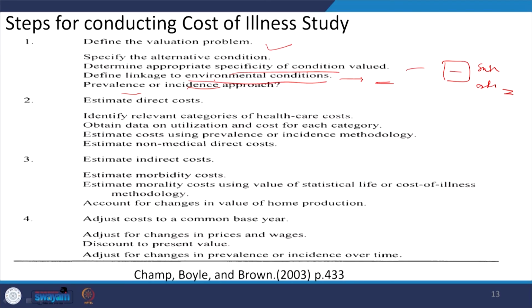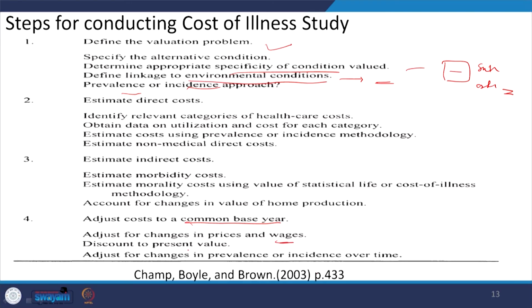The second step would be estimating the direct costs. We know what the direct and indirect costs are that we need to take into account. After that, we need to make adjustments by taking a common base year. We need to adjust for changes in prices, taking into account deflation or inflation, or wages even.